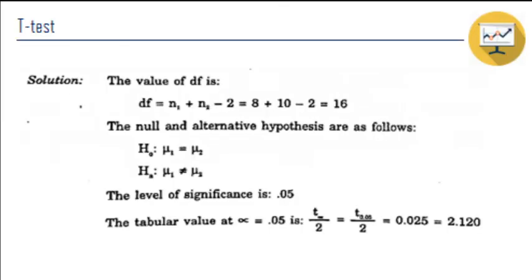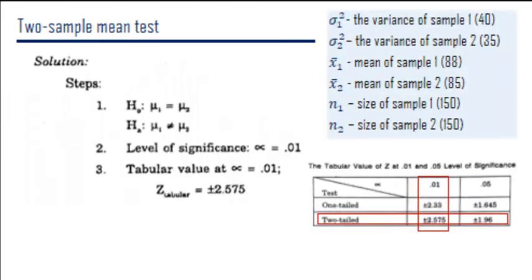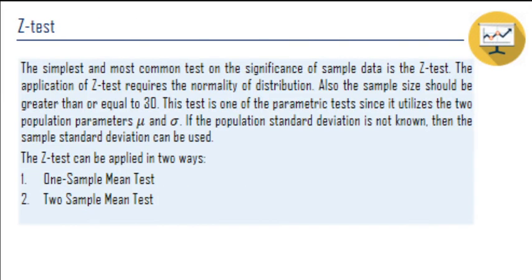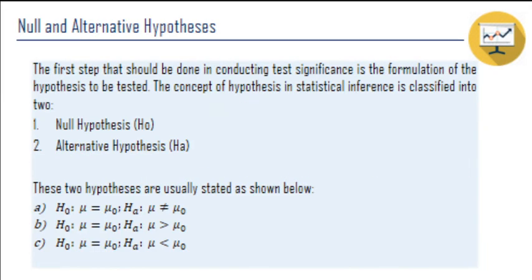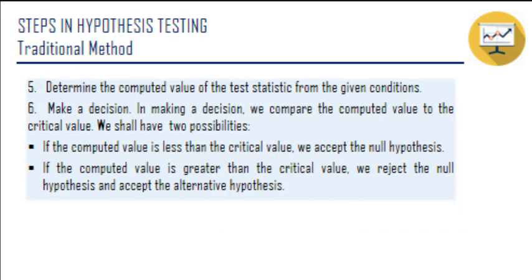Balikan natin yung rule, yun kasi ang pinaka-importante sa lesson na to. Okay, this is the rule. If the computed value is less than the critical value, we accept the null hypothesis. And if the computed value is greater than the critical value, we reject the null hypothesis and accept the alternative hypothesis.